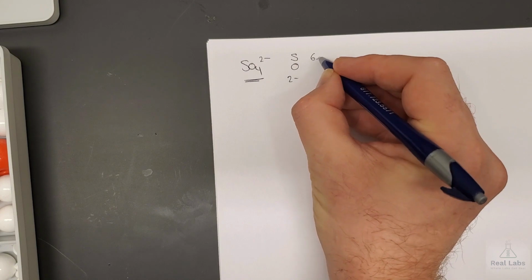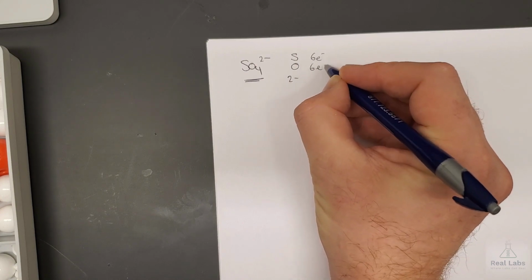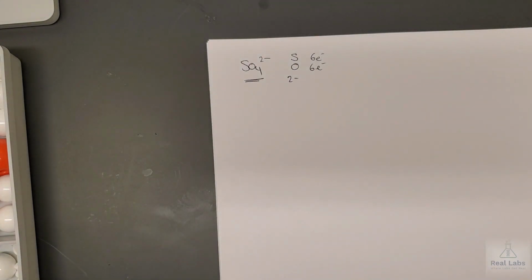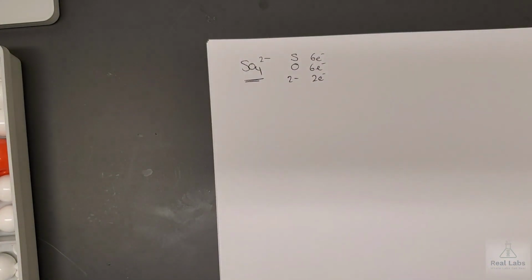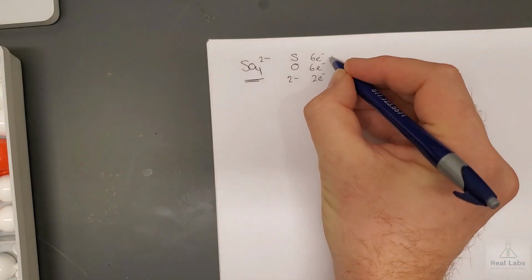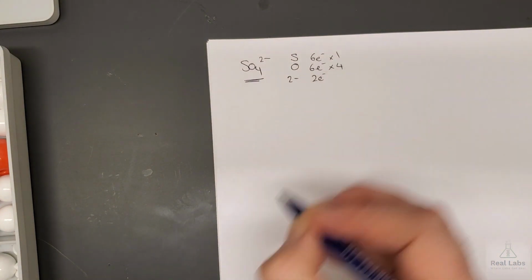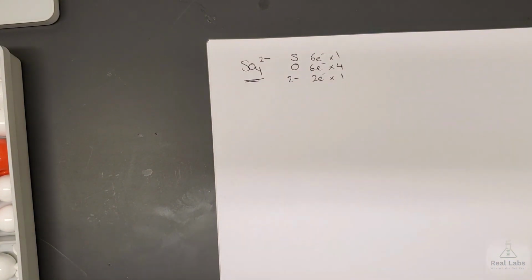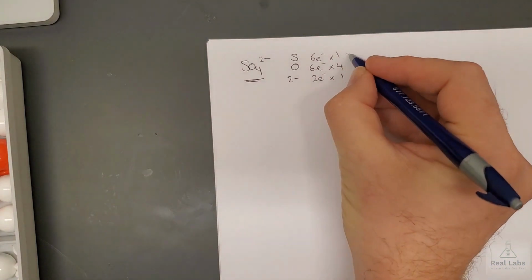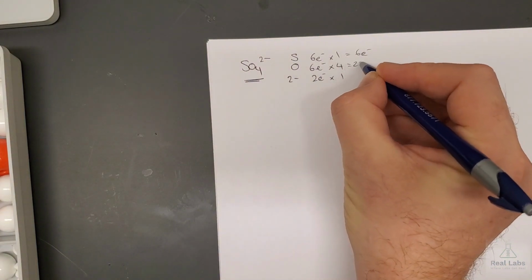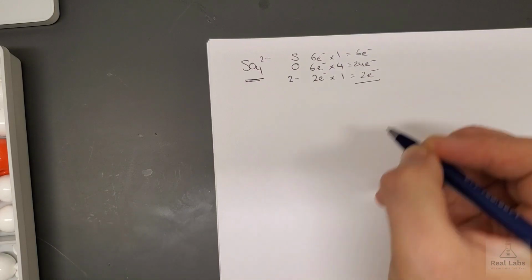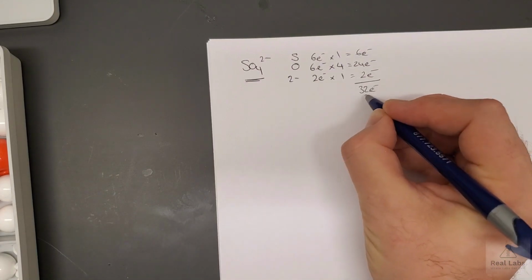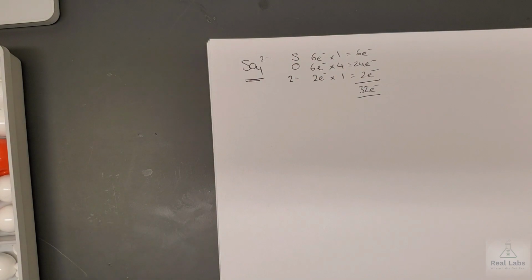Sulfur contributes 6 valence electrons, oxygen contributes 6 valence electrons, and the 2- charge technically contributes 2 valence electrons. There is 1 sulfur, there are 4 oxygens, and there's only 1 of the 2- charge. So if we do the math for that, we end up with 32 valence electrons available for us to build our structure.